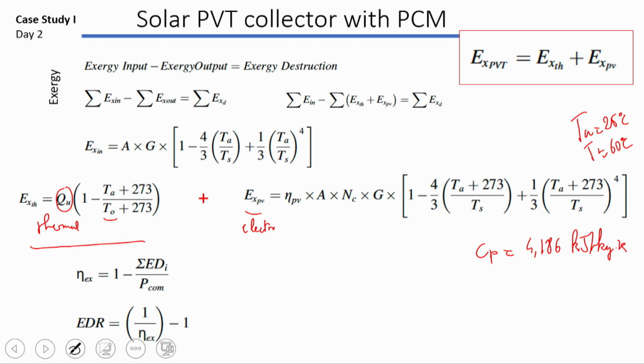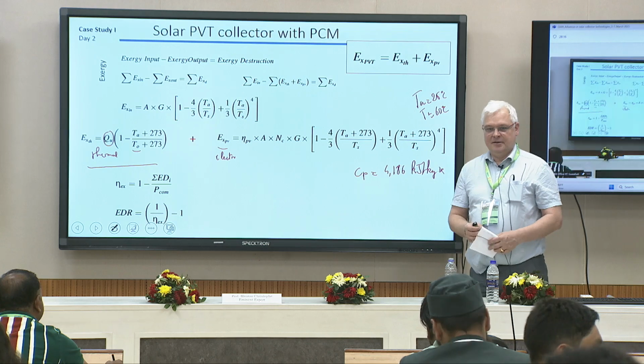T water is in principle the outlet temperature. I just computed it at midday, so I hope I have no mistake.